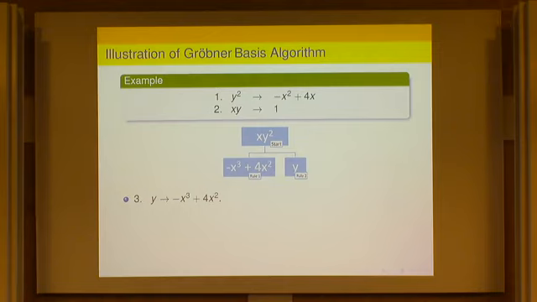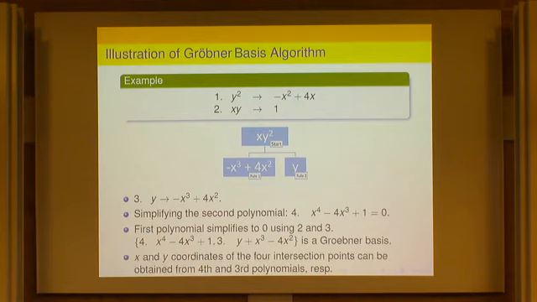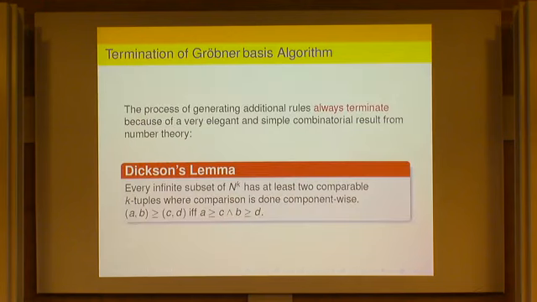So you get this, and then you get that one, the least one. Then you solve for x there, substitute the values for x, and you get all the solutions. That is the Groebner basis, and you get all the common solutions. So as I said, the process terminates.